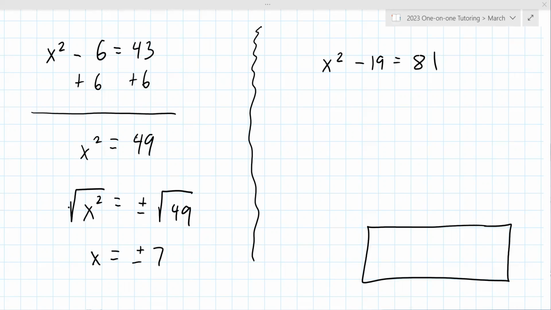What? Okay, what did you do to get that number? I put in the wrong numbers accidentally. Okay, why don't you reset and start again? So you're going to add 19 to both sides of the equation.